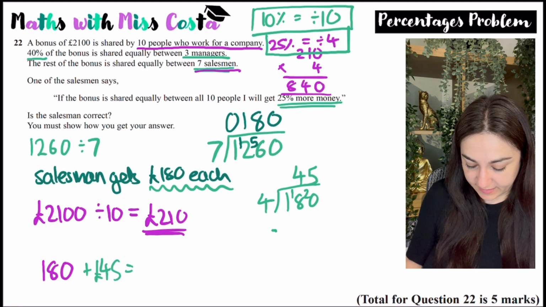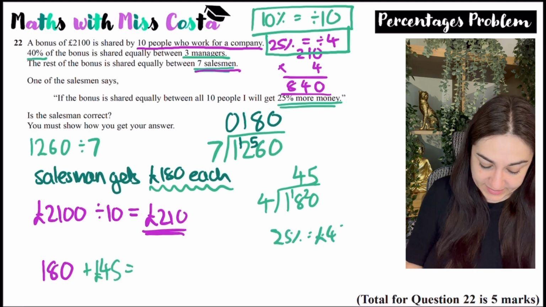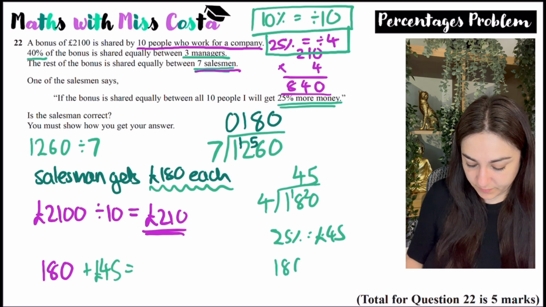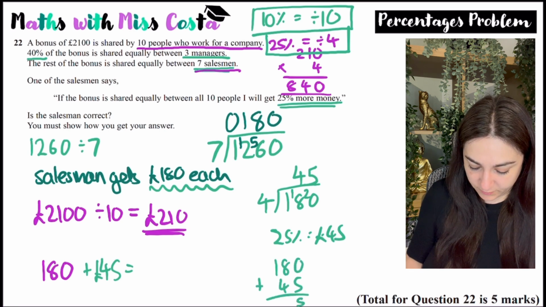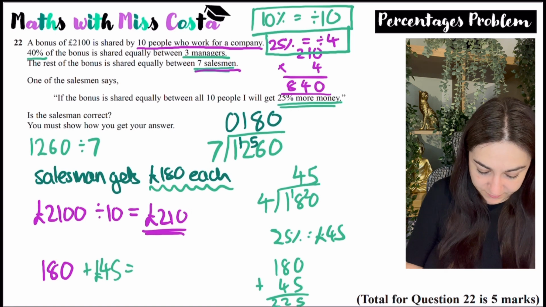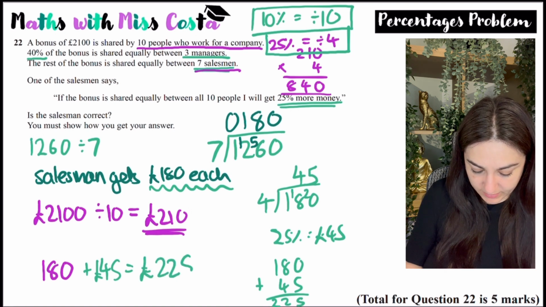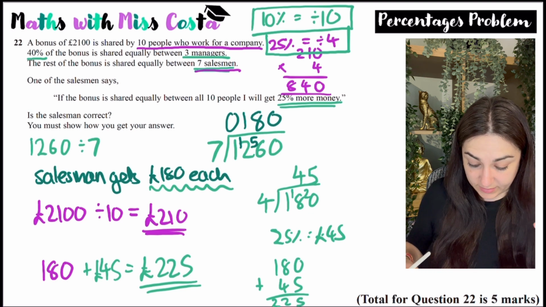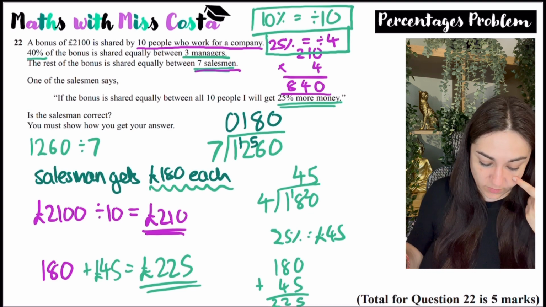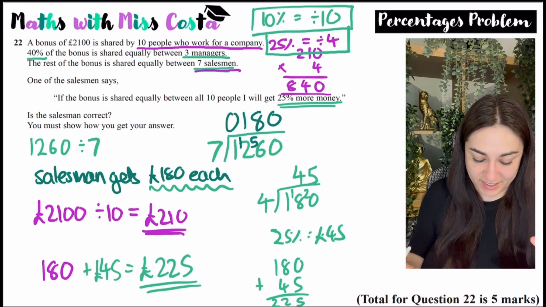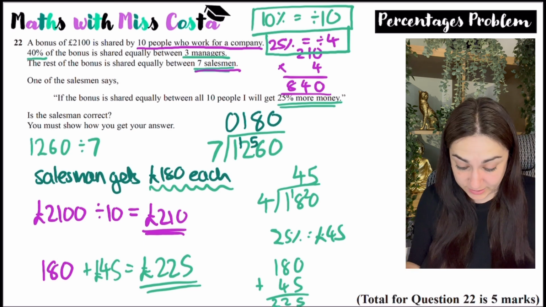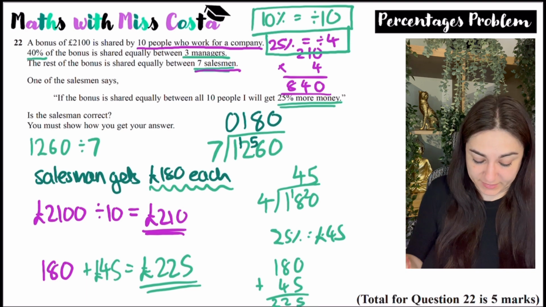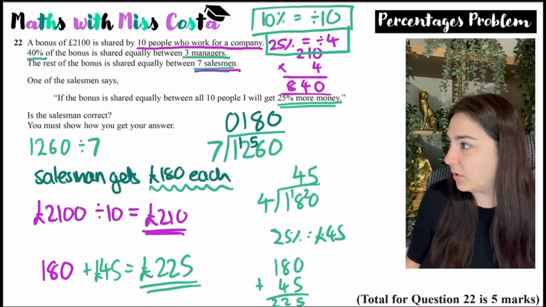So 25% is 45. 180 plus 45 is 225. So he's saying that if the bonus is shared equally, he would get 25% more. Well, no, if the bonus was shared equally, he would get £210, which is £30 more, but to get 25% more money, he'd actually need a bit more.